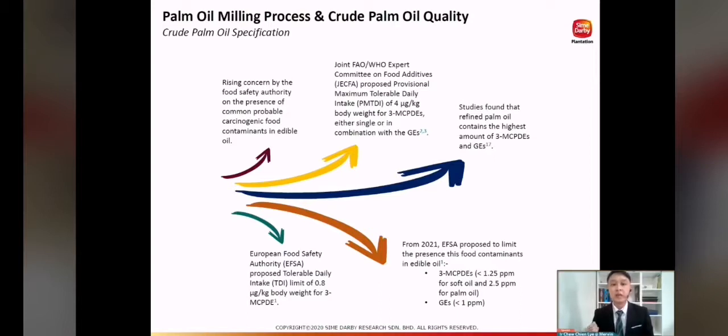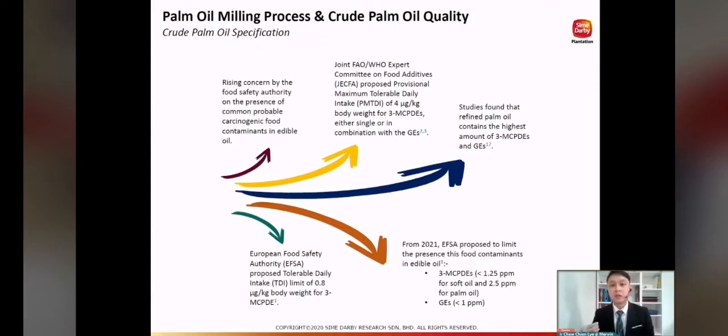EFSA has proposed a tolerable daily intake (TDI) limit of 0.8 microgram per kg body weight for 3-MCPDE, and the joint FAO and WHO also proposed a tolerable daily intake of 4 microgram for the 3-MCPD and GE combination.